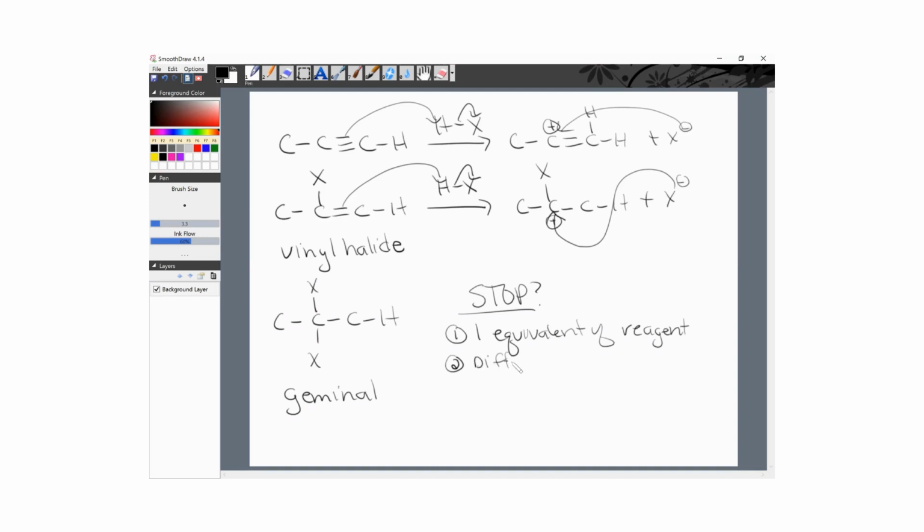Sorry, different pathway. Really, the answer is no. Okay, it's really hard to stop this reaction. Okay, you can pretend on the board and just put one equivalent, but it's very difficult to stop that reaction. All right, so there is hydrohalogenation of the alkenes and of the alkynes.